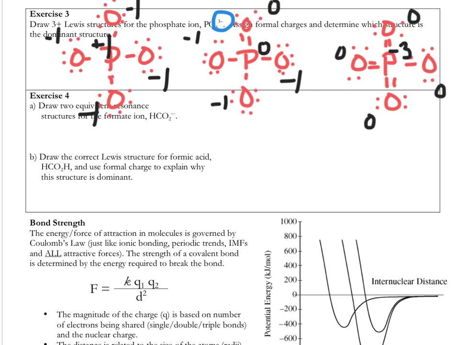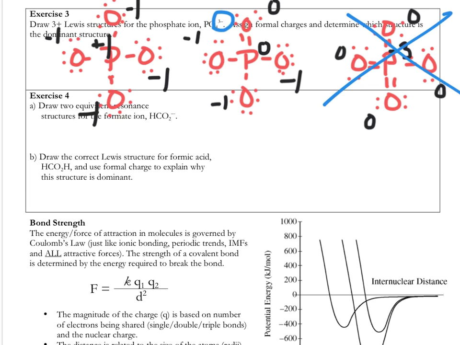Now we need to decide which is best. The dominant structure is the one that has charges closest to 0. These charges are plus and minus 1. These charges are 0 and -1. Here's a whole bunch of zeros, but we have a -3. We don't want -3s. That's way more electrons than it brought.